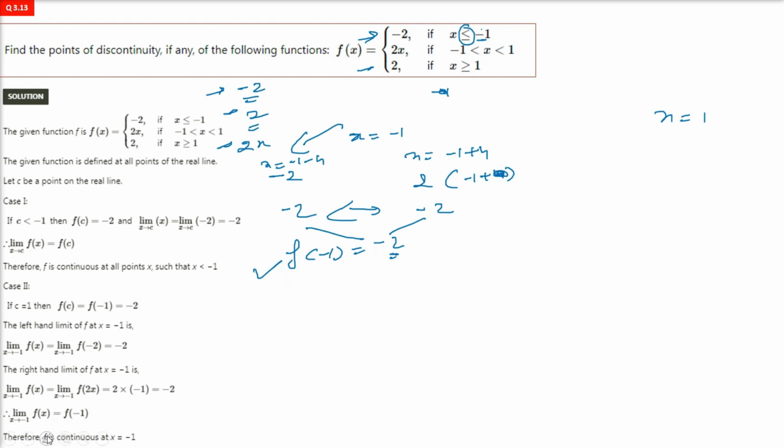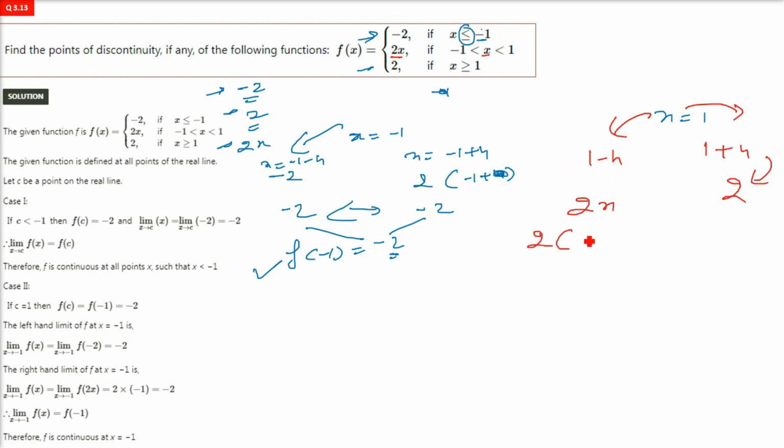But whenever we talk about x equals 1, then we have to check there also. On the left hand side, we are going to take 1 minus h. On the right hand side, we are going to take 1 plus h. When x is less than 1, it is the 2x function you are going to use. On the right, you are going to use 2, so 1 plus h you cannot put here, it will remain as 2.